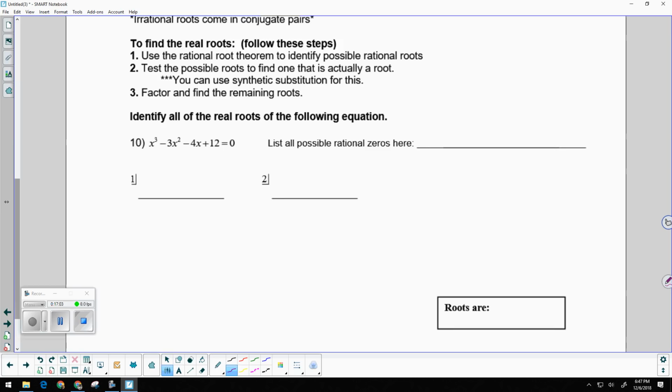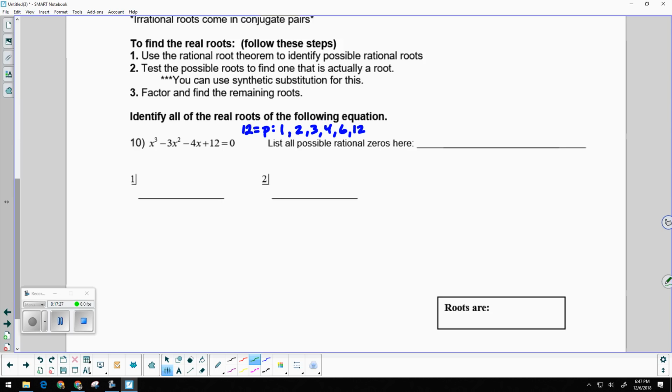So if I went through here and I worked my P's and my Q's, P would be the factors of 12, since 12 is the constant. That would be 1, 2, 3, 4, 6, and 12.